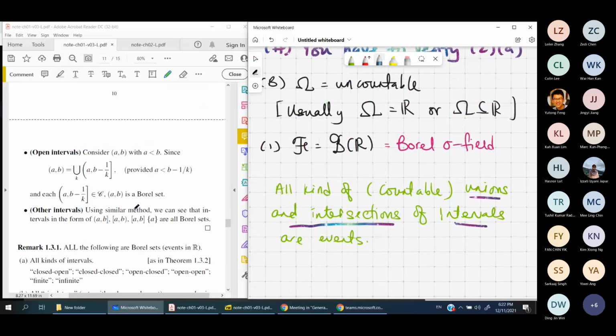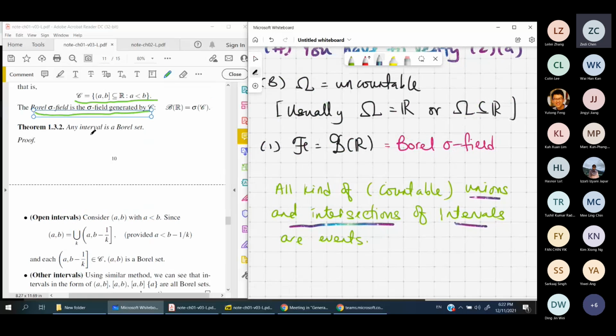As I said, any interval is a Borel subset, and a Borel subset is actually an event. So in this case, event means Borel subset.